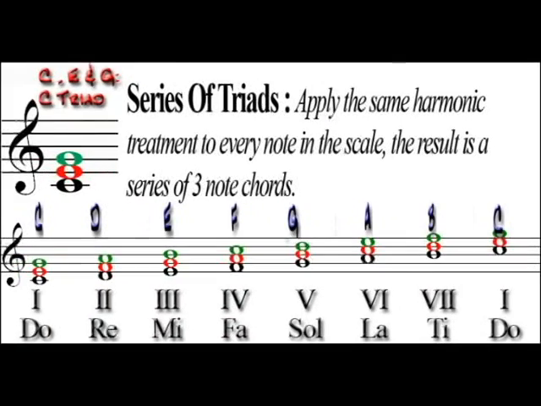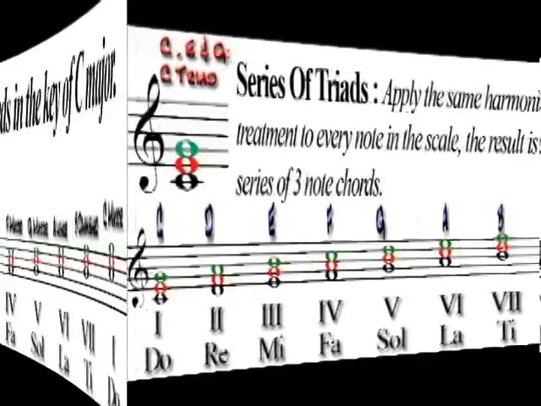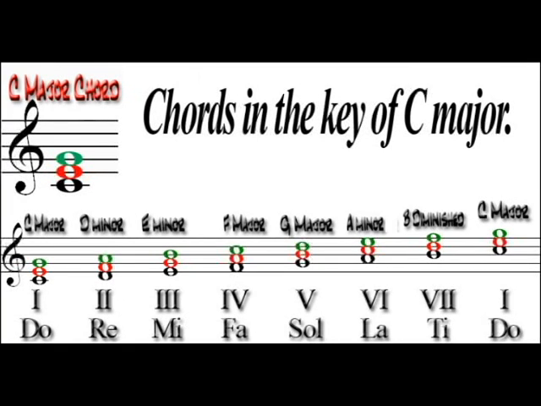Here, I've applied the same treatment to every member in the scale, harmonizing those notes yet again. Now I have a series of triads, a series of 3-note chords. Remember, I'm still thinking 1, 2, 3, 4, 5, 6, 7, and I'm keeping do, re, mi, fa, sol, la, ti, do in mind. And here I have a series of chords, beginning with C major.